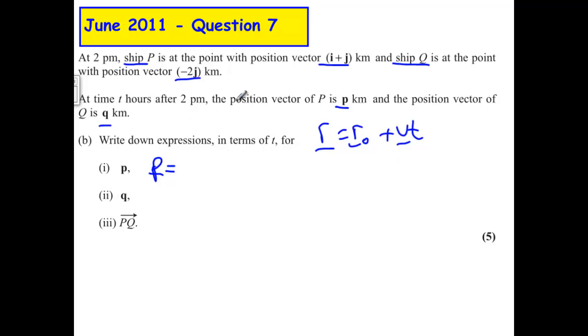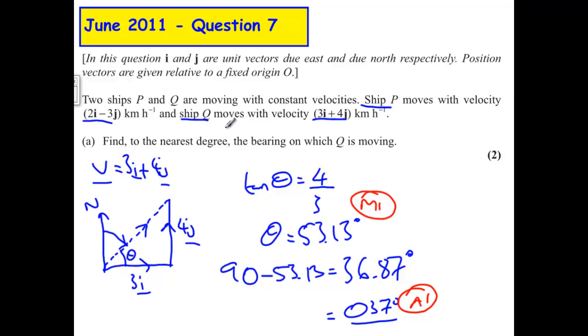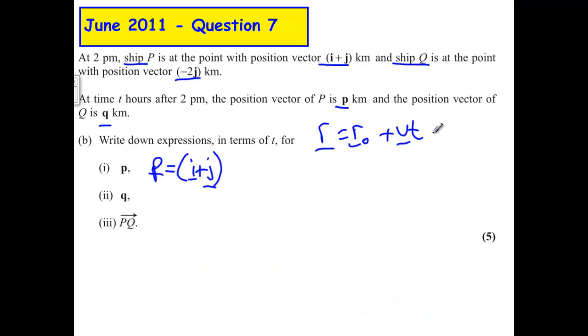So for P, the initial position at 2 p.m. is i plus j. So for r0 I'm going to substitute i plus j, and then the velocity, it told us in the previous question, P is moving with velocity 2i minus 3j. So if I substitute that into this formula, I will get plus t times 2i minus 3j.